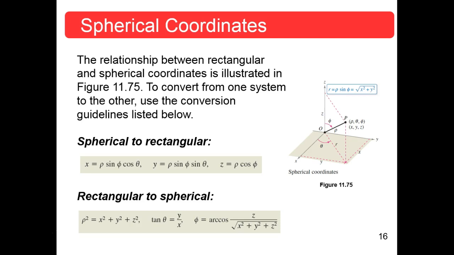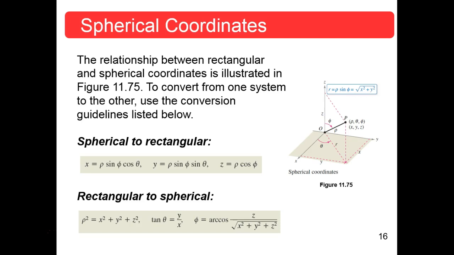And your theta is just like it was before. The tangent of theta is y over x, just like before, because on the xy plane, it's just like the theta on the polar coordinates or cylindrical coordinates.